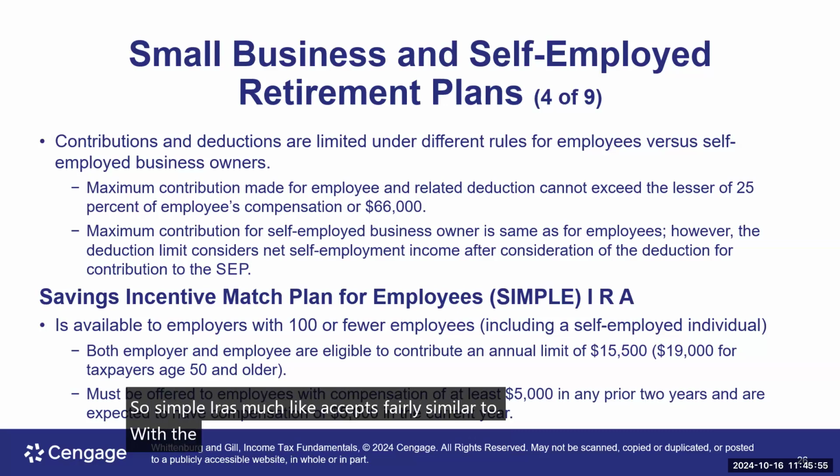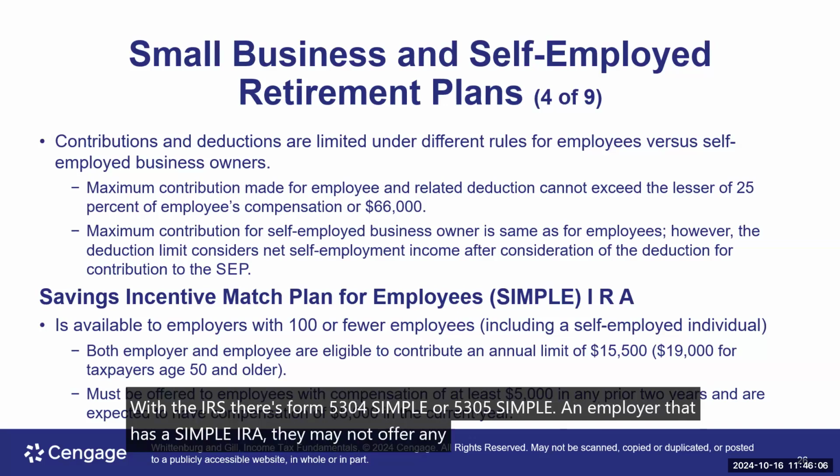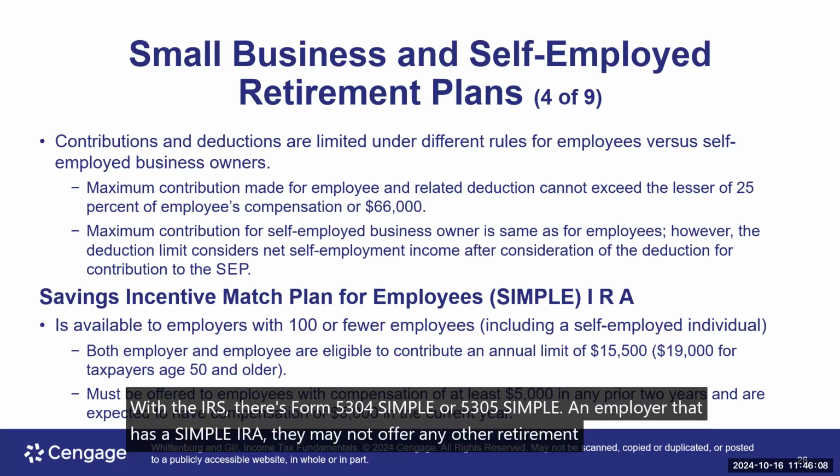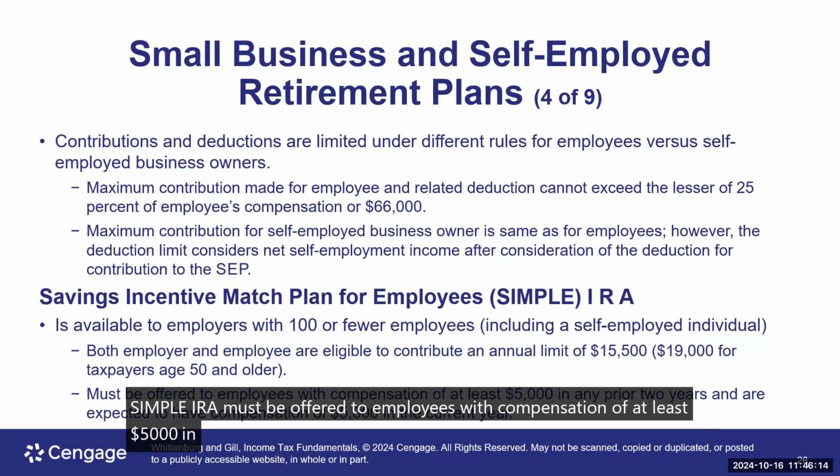There's form 5304-SIMPLE or 5305-SIMPLE. An employer that has a SIMPLE IRA may not offer any other retirement plan. And the SIMPLE IRA must be offered to employees with compensation of at least $5,000 in any prior 2 years, and who are expected to have compensation of $5,000 in the current year.